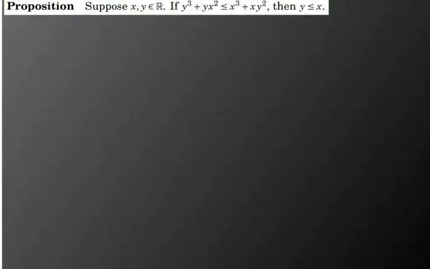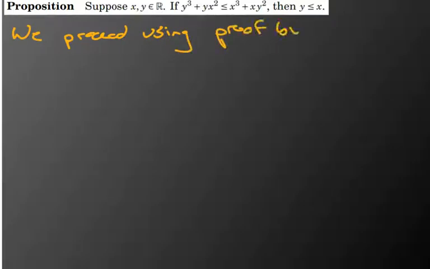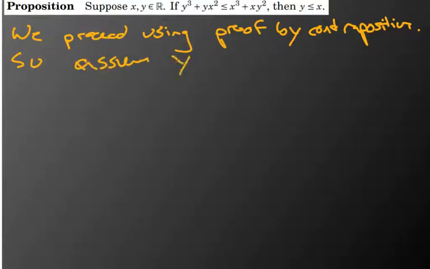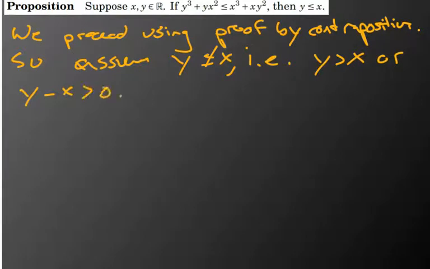to sound fancy, sometimes we might say, we proceed using a proof by contrapositive. And so we're going to assume y is not less than or equal to x, i.e. y is greater than x, or y minus x is greater than 0.